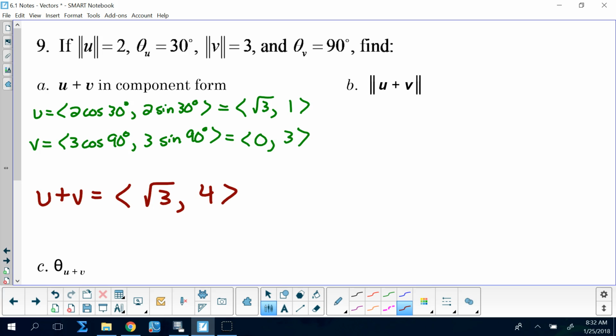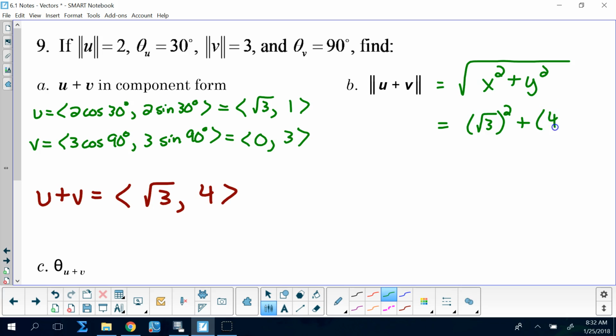Okay? So my magnitude is going to be equal to the square root of x squared plus y squared, which in this case is the square root of 3 squared plus 4 squared. So that is 3 plus 16.